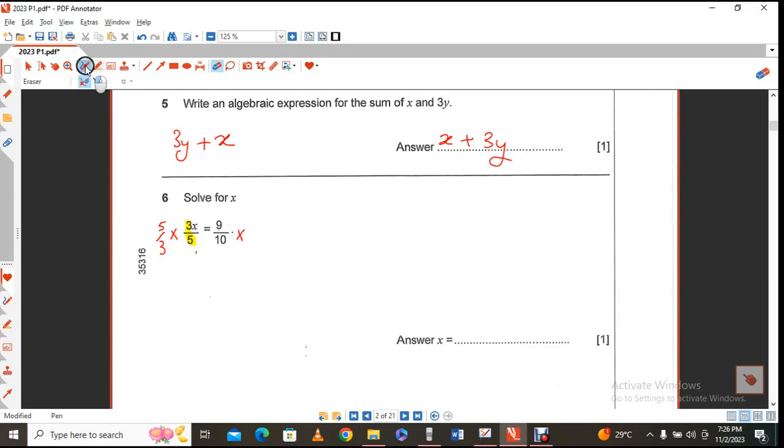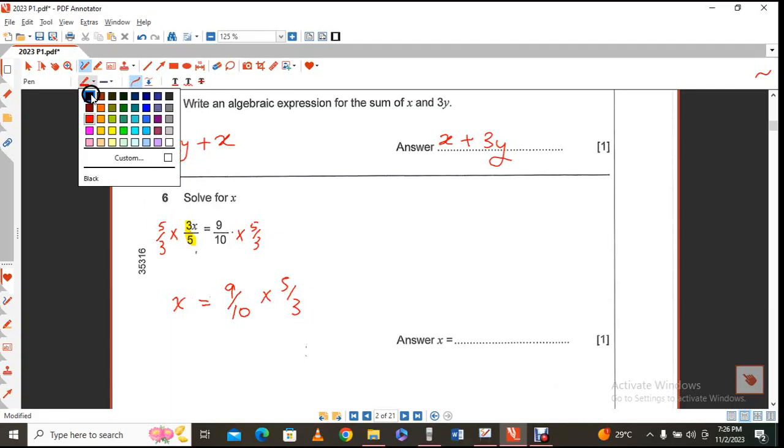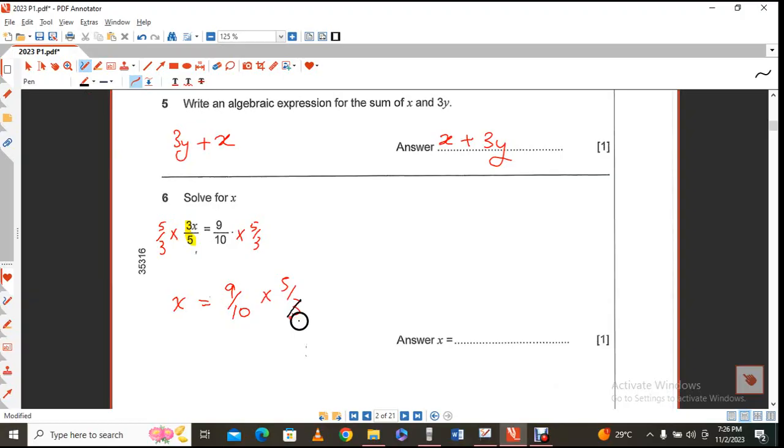If you do that, then x equals 9/10 times 5 over 3. Of course, you can use a calculator from here on, but I see that 3 goes into itself 1 time and 3 goes into 9 3 times. 5 goes into itself once and 5 goes into 10 2 times. So the answer is 3 halves, or you can give it as 1.5. Any one of those would do.